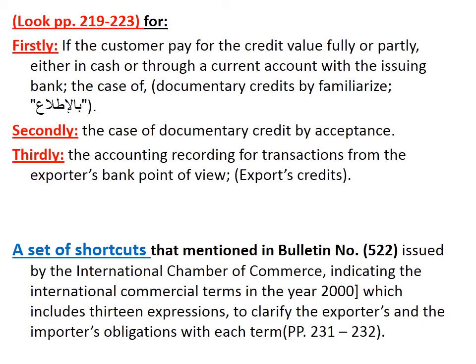Please look in pages 219 to 223 for the following topics. Firstly, if the customer pays for the credit value fully or partly, either in cash or through a current account with the issuing bank, the case of documentary credit at sight, that is documentary credits by familiarization.